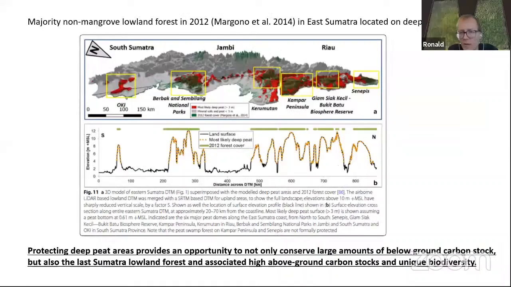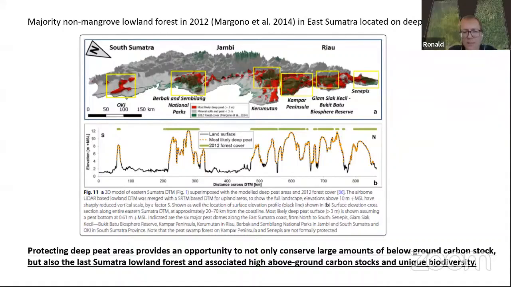What we also found when we superpose the existing forest cover, as published by Margono in 2014, using optical Landsat imagery for the year 2012, we found that the majority of the non-mangrove lowland forests, which is more than 90% of remaining forest in East Sumatra, is actually located on these deep peat domes.